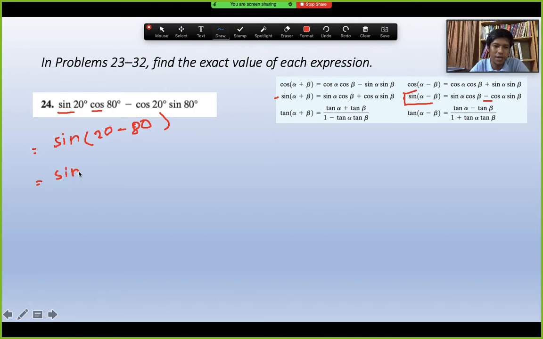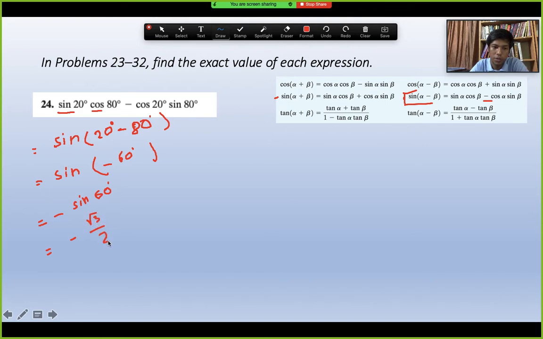So this is sine minus 60 degree, of course. These all are degree. Now you see, we can take this minus outside. As you know, sine is odd function, right? Sine and tan both are odd functions. So sine 60 degree. So sine 60 degree equals to what? Very easy, right? Sine 60 degree means root 3 by 2.